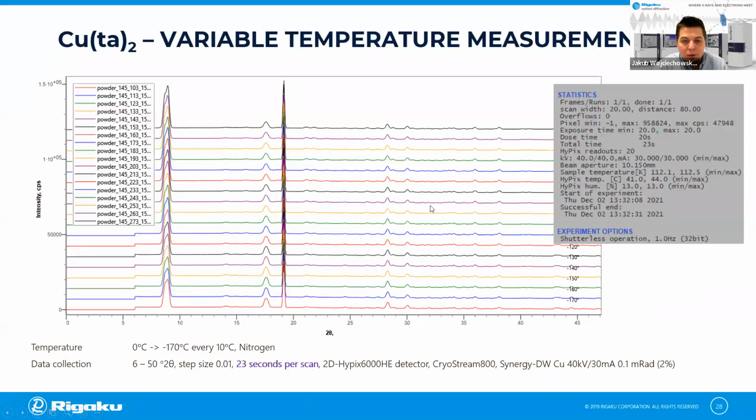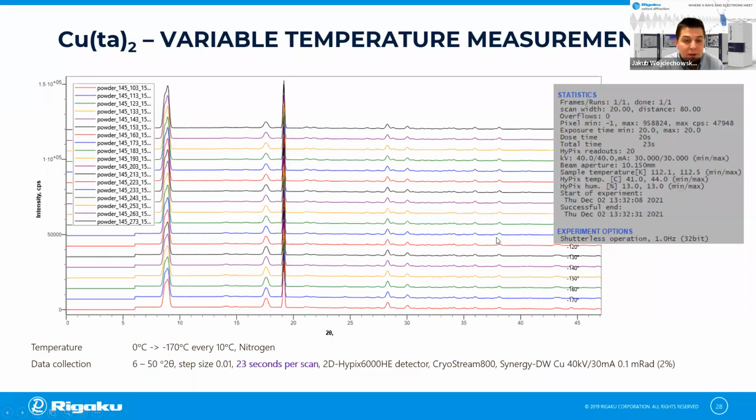So I took this powder MOF and I ran it, as you can see, even today quickly, and extremely quickly, because each scan was only 23 seconds, because I used the Synergy DW copper. This is a version of Synergy R, our rotating anode system with dual wavelength anode, and I also used slit control to lower divergence.